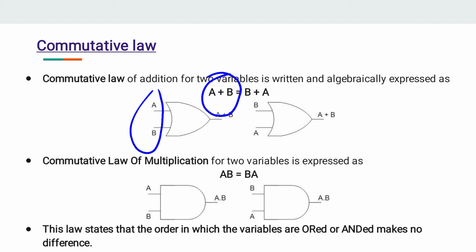So that is equal to B plus A. Both are the same, nothing but without any order the output is the same. So we should not concentrate on the order of the variables.